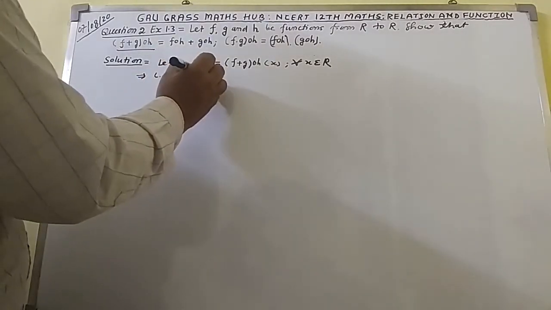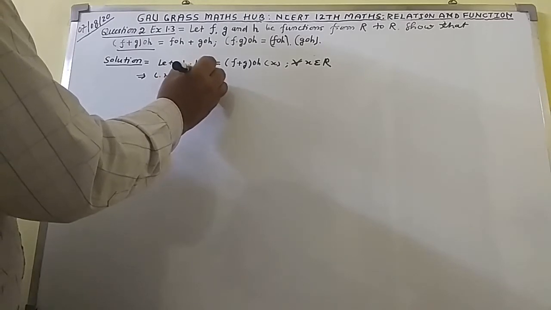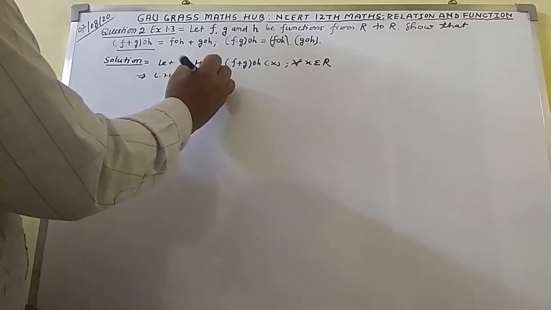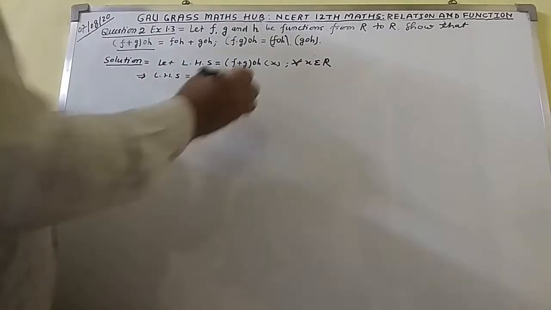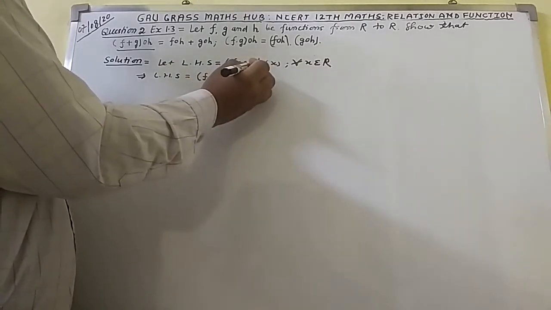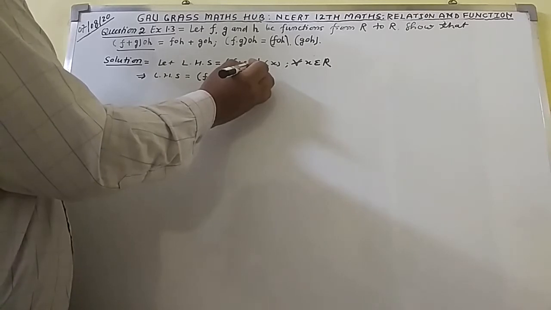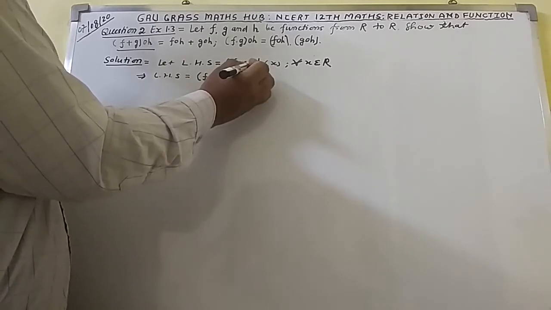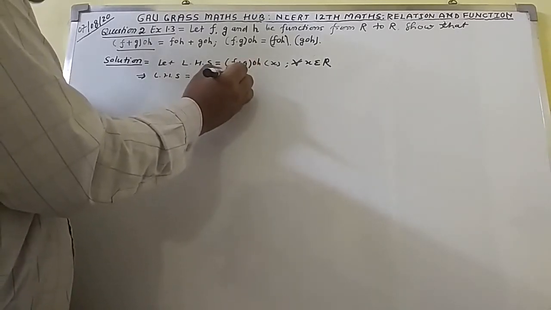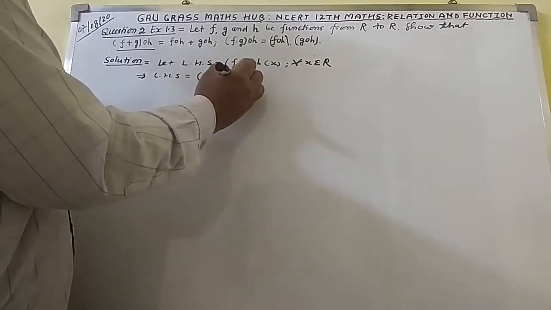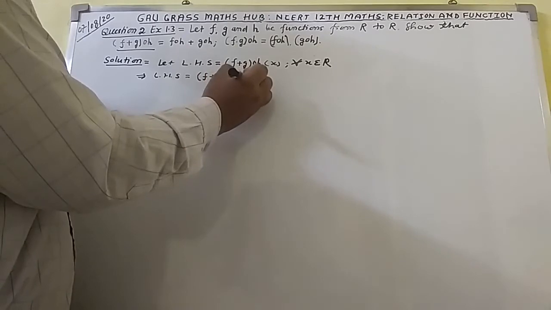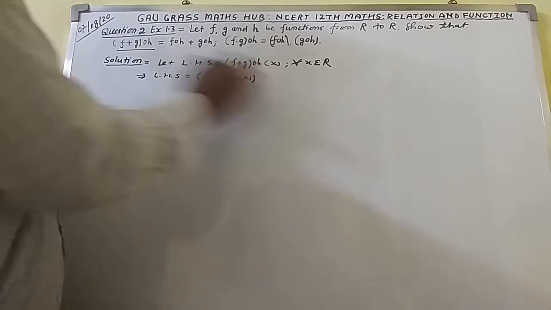Here I shall write (f + g) in small bracket. This small o will be converted into a half circle bracket, so here I shall write the half circle bracket, then h(x).